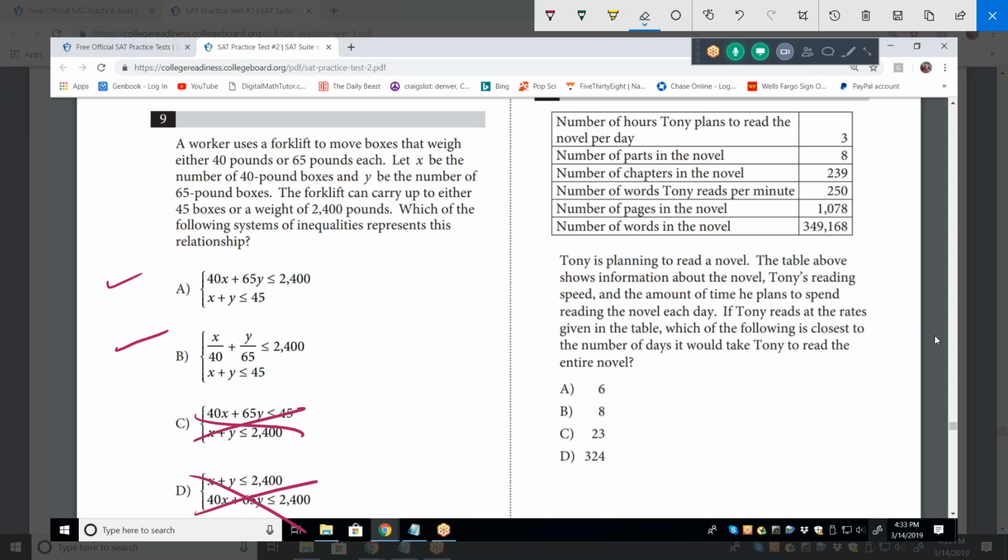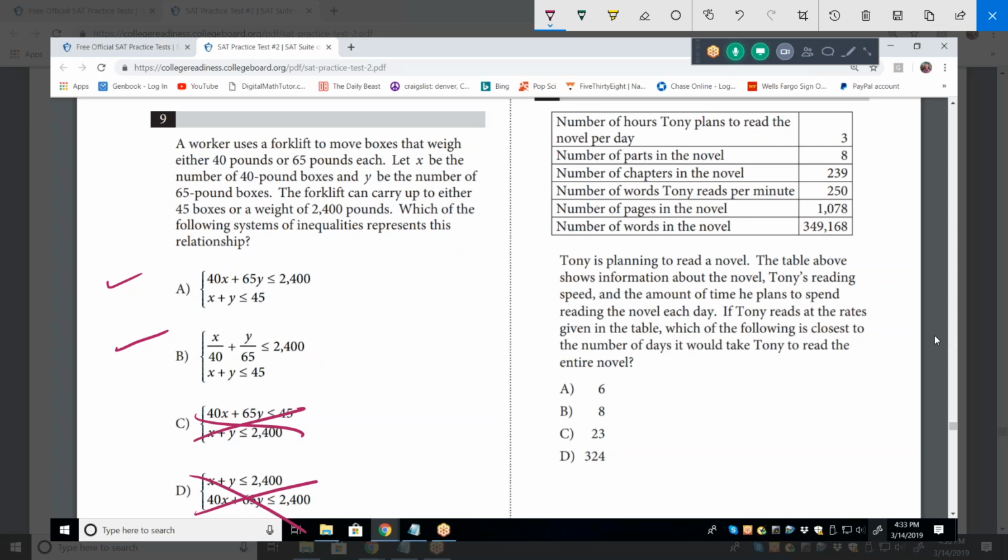You've got X number of 40-pound boxes. If you round up all the 40-pound boxes you have, how much weight does it have? Can you rephrase the question, please? Yeah. How much weight are all of the 40-pound boxes going to be? If X is the number of 40-pound boxes, and X were 10, how much would all the 40-pound boxes weigh?